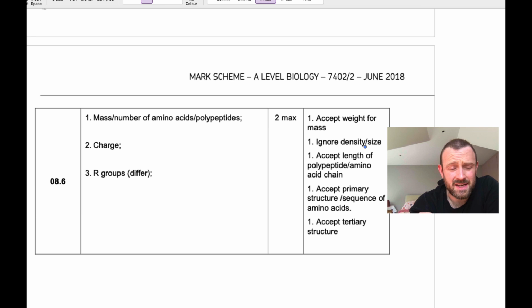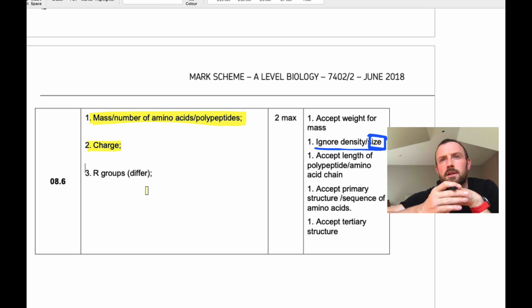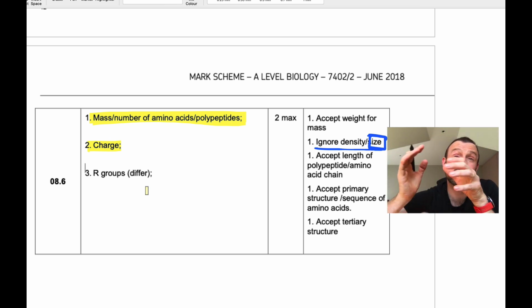Oh, ignore size. Ignore size. Size is not a good enough word. I said different sizes. Different masses, okay? So proteins have a different mass or different number of amino acids, and they also have different charges because of their differing R groups. Could have said different tertiary structure. So that means that they can be separated out by the electrophoresis because, because of their different charges, they'll move at different rates towards the negative electrode. And because of their sizes, they'll move at different rates.